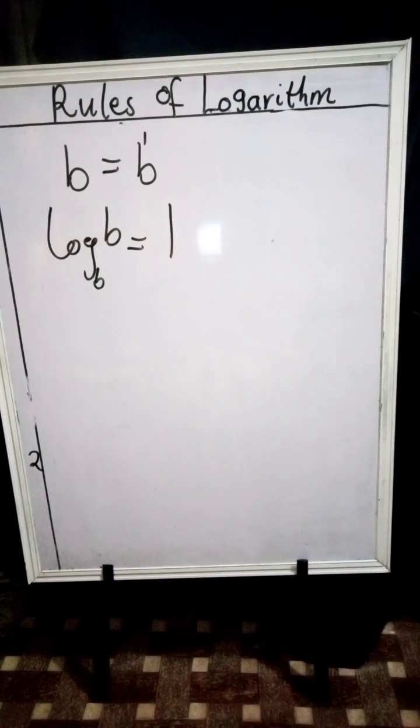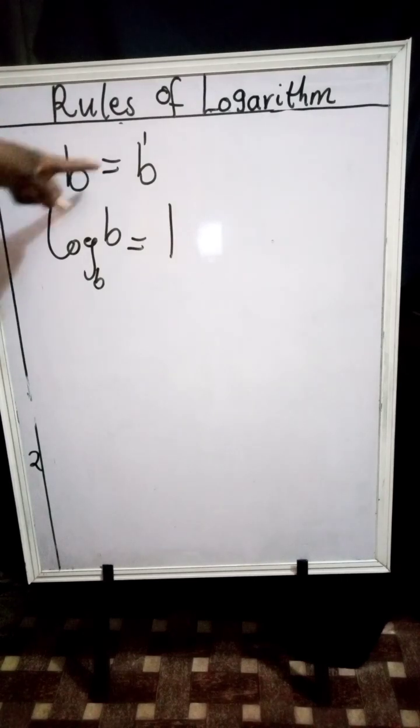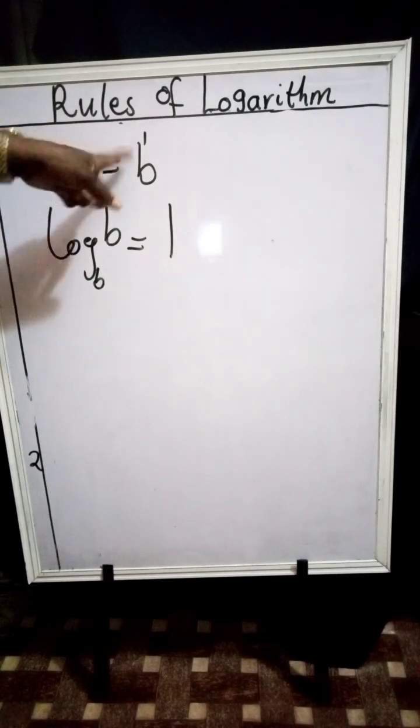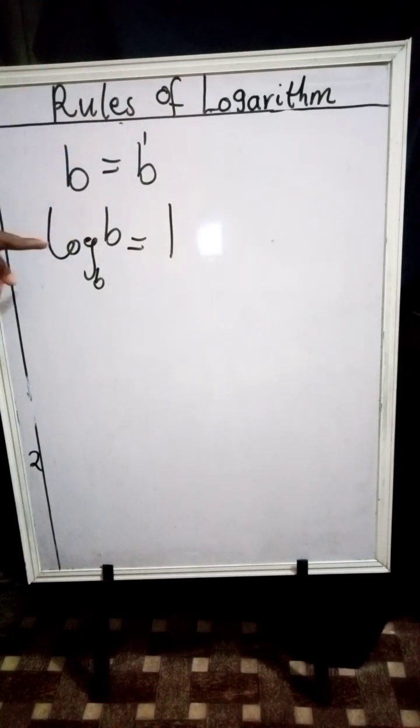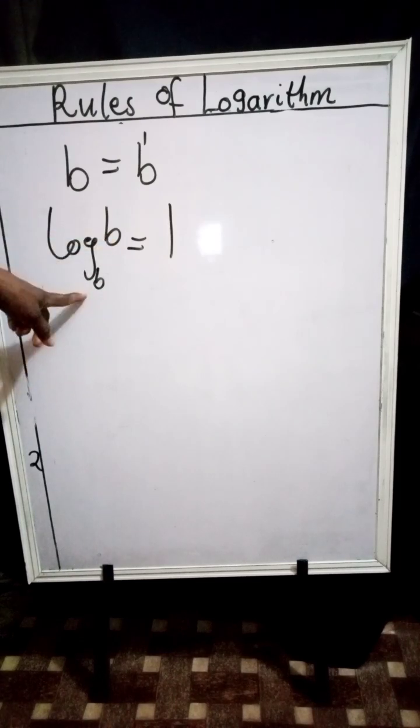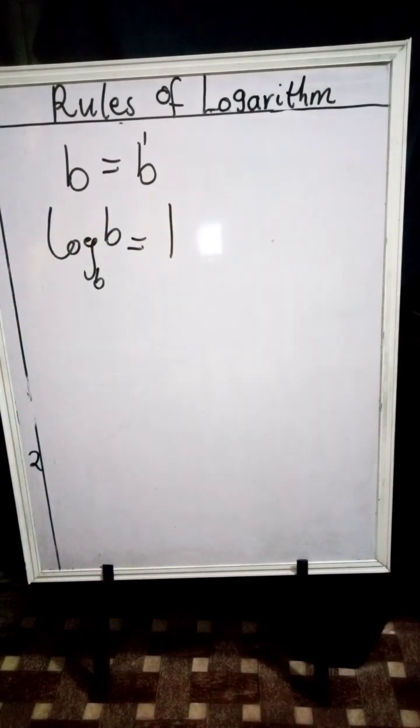Since any number to power 1 is equal to that number, it means that b is equal to b to power 1, such that log b base b is equal to 1. So in this case, we have to know that the logarithm of any number to its base is 1. This is the fourth rule of logarithm.